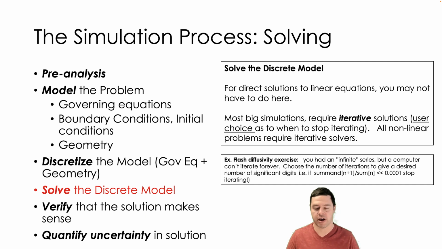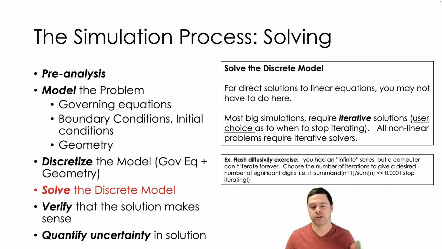In addition, if you have a nonlinear problem, all nonlinear problems require iterative solvers. So you're probably familiar with one type of nonlinear solver, like Newton's method, where you use the local slope of the solution to guess a new solution. And then you basically keep iterating until you zoom in on like a zero crossing, for example, in an algebraic equation.